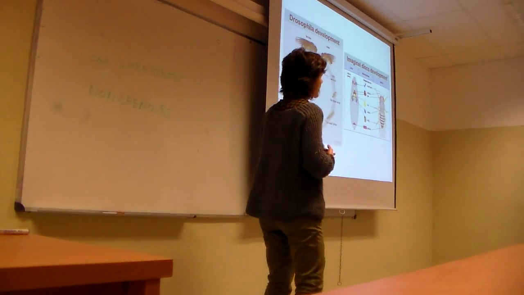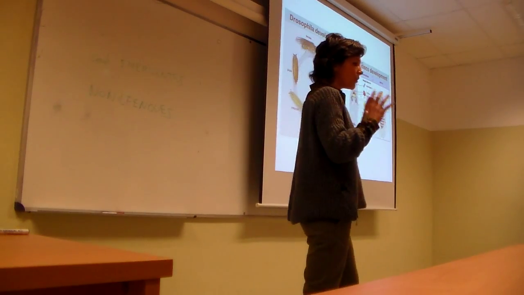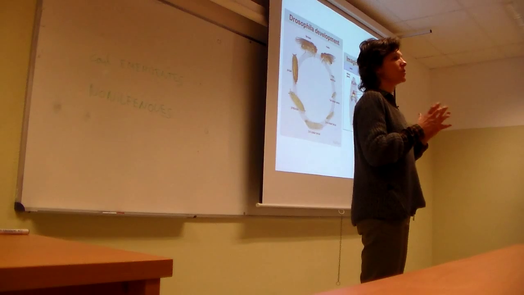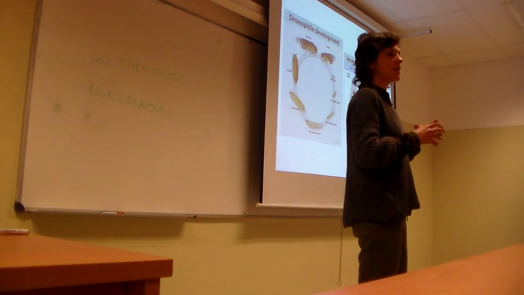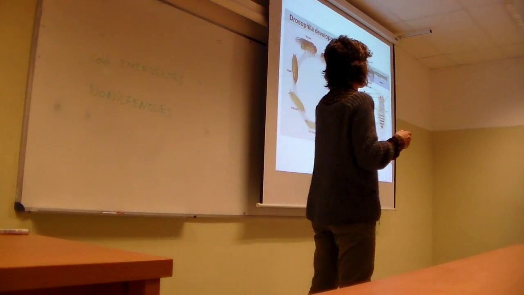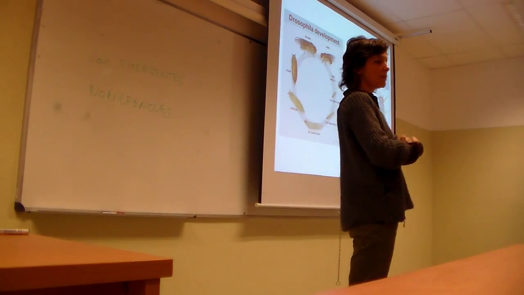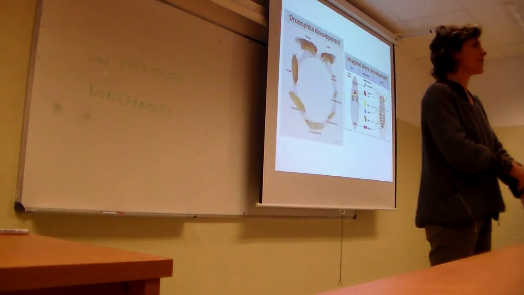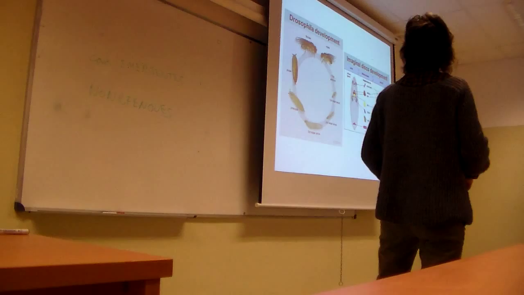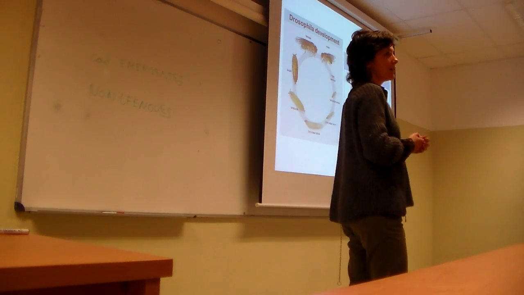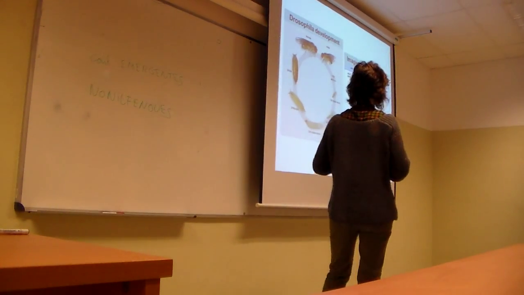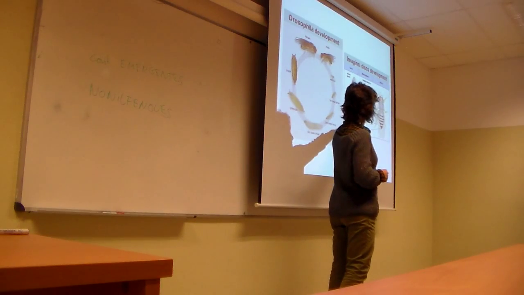In Drosophila, there are some organs or tissues that are very well known to scientists in the lab. This is maybe the most commonly used model in the lab. And one of the things that scientists study very much is what is called the imaginal disc.